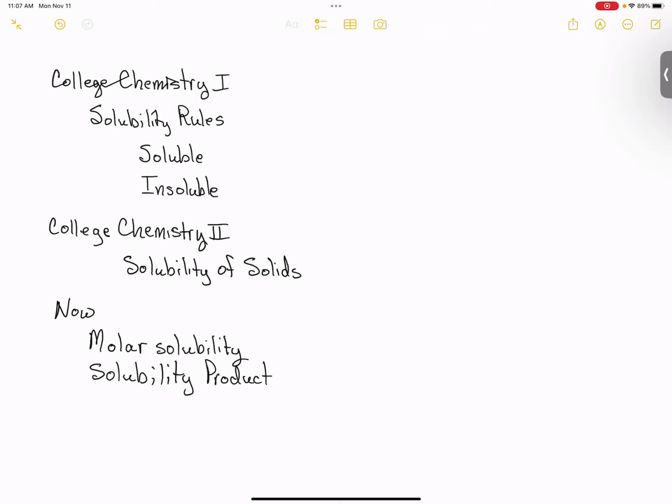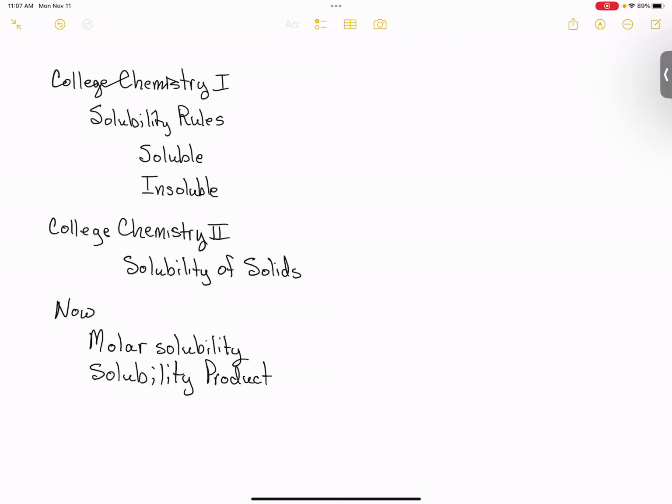Now, we're going to take these generalizations that we have been making, and we're going to get into more detail. We are going to talk about the molar solubility. This is going to be the molarity of solid that does dissolve in water.